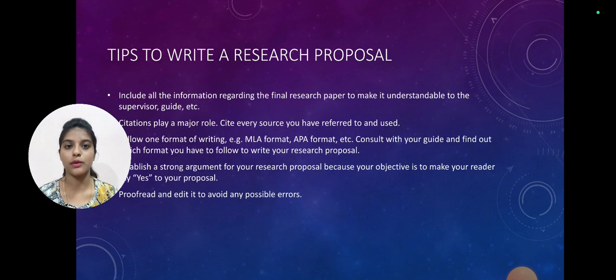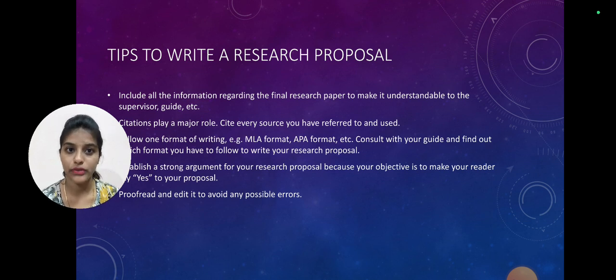And at last, a few tips to write a research proposal. First, you have to gather all the information about your research paper, and it must be very useful, and it should be simple, and understandable to the guide or the supervisor or anybody.